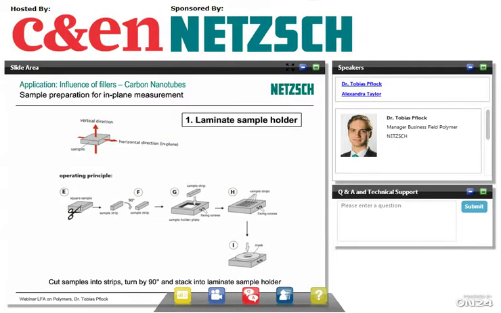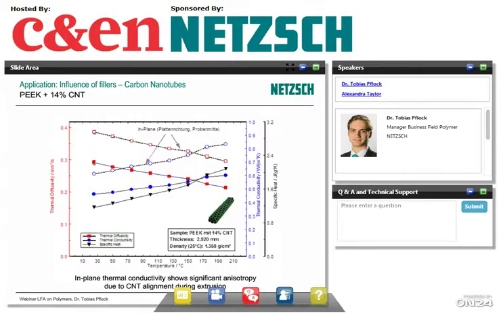And we expect quite a significant effect. As you can see here, the dashed lines on the top depict the in-plane transport properties for PEEK filled with 14% of carbon nanotubes.